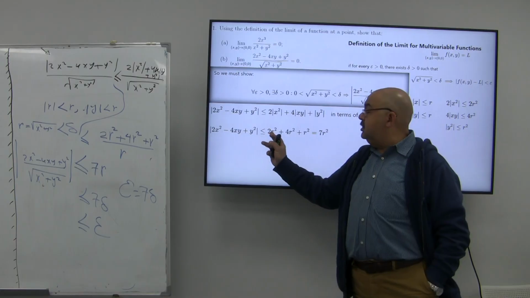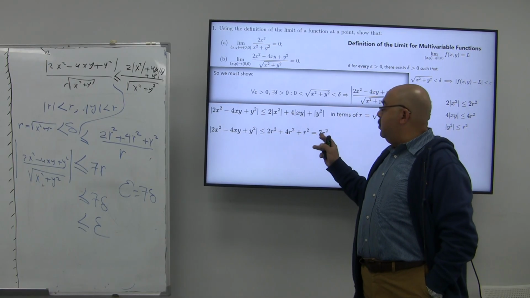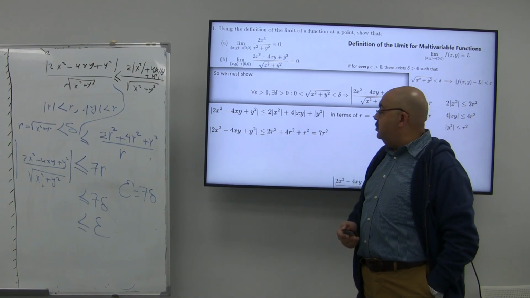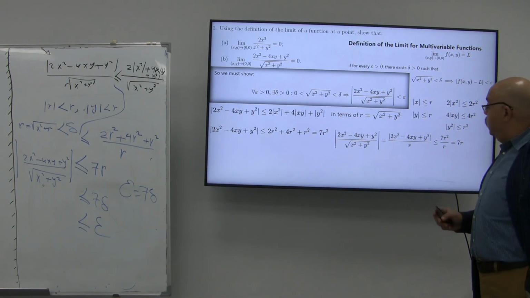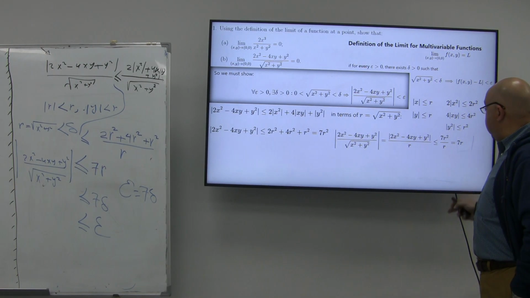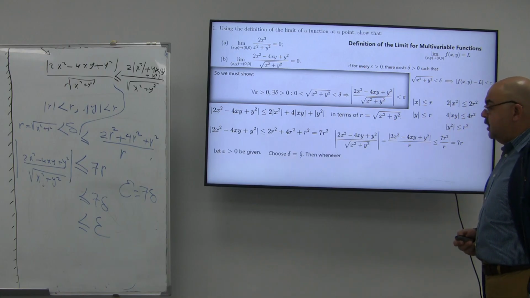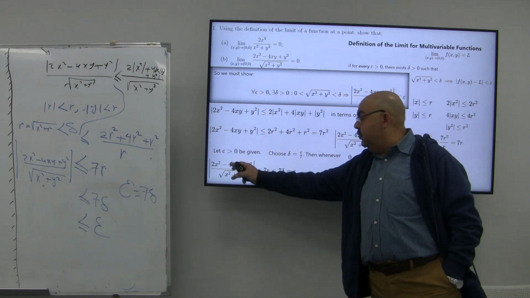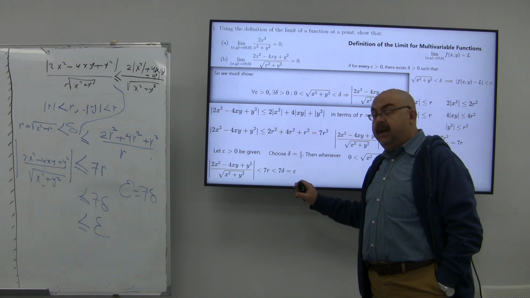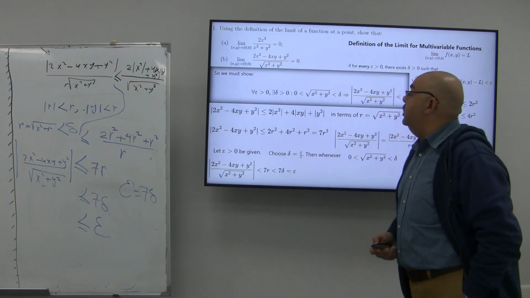Regarding this, I will make this substitution, so it's going to be equal to 7r squared divided by r, so it's going to be less than or equal to 7r, which means this is equal to an epsilon. So for this value, it's going to equal epsilon, and the limit already exists.